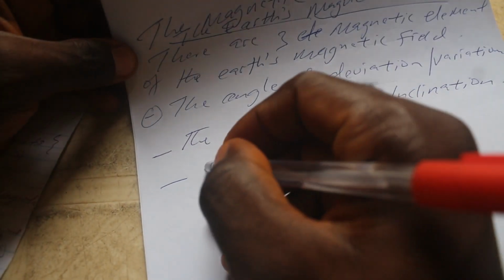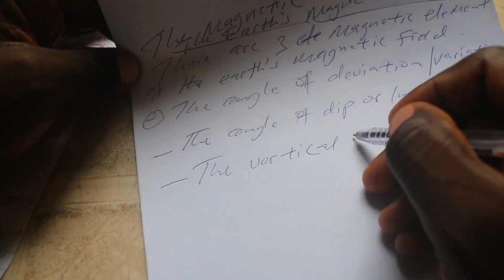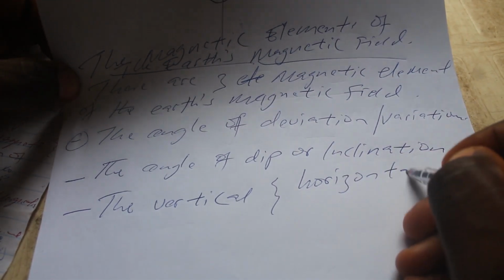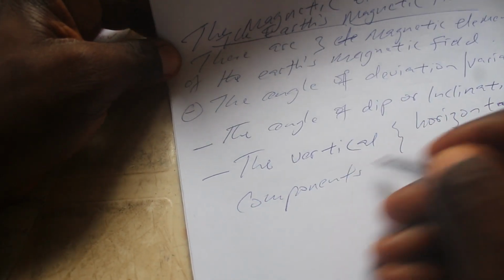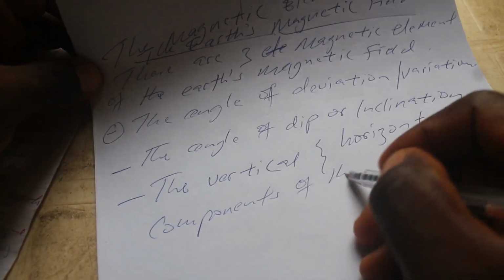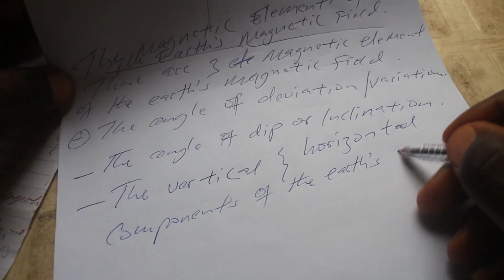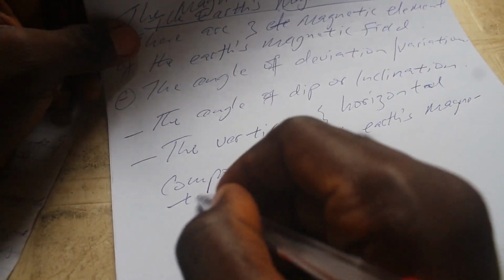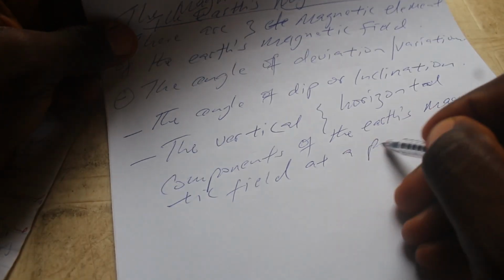The third one, we have the vertical and horizontal components of the Earth's magnetic field at a point.